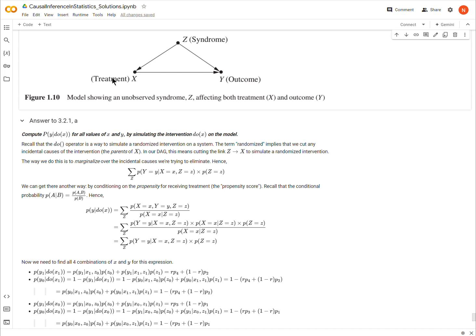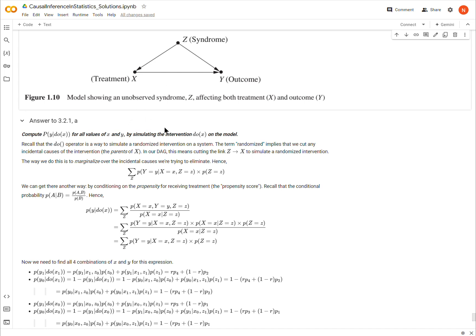The way we do this visually is to delete or cross out this arrow from Z to X. That may give you some intuition, but what does it mean mathematically?